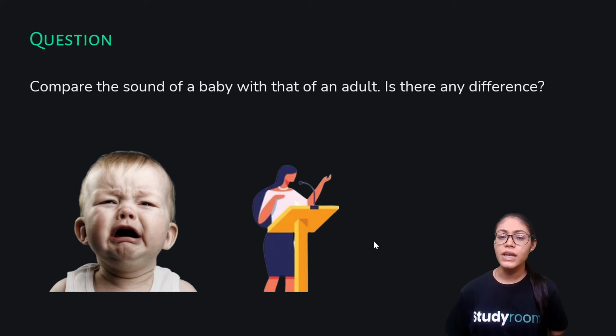Now, compare the sound of a baby with that of an adult. Is there any difference? Yes, there is a clear difference. We come to know when a baby cries. So, why does it happen?